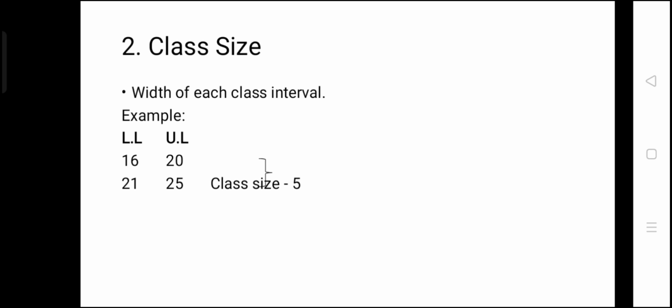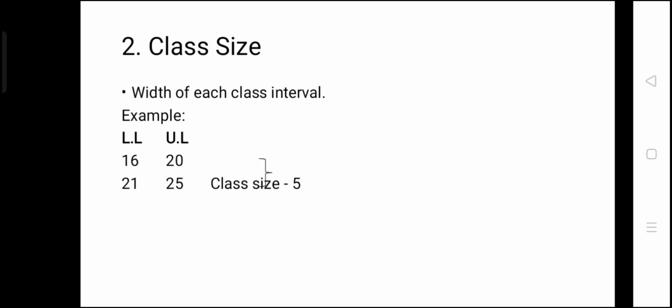The class size is the width of each class interval. For example, the lower class limits are 16 and 21, and the upper class limits are 20 and 25. Unsa ni siya papangita ang class size niya?